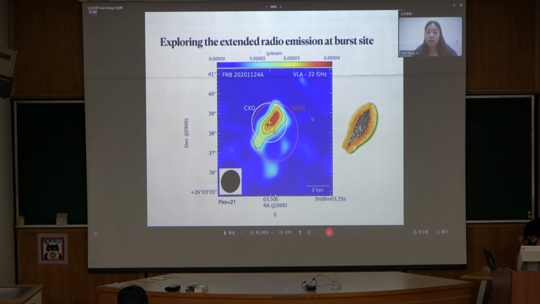So we see this extended radio emission, and the result from that is that it's connected to some sort of enhanced star formation activity that's very close to the EBN, which really prompted us to investigate the connection between this FRB and any sort of underlying enhancement of star formation. And I personally think the shape looks like an upside down papaya, but maybe that's up for debate.